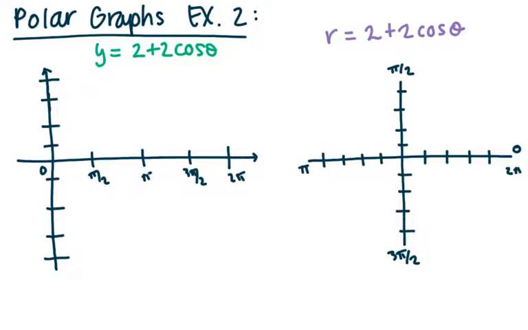Okay, so let's think about our parent function here. A regular cosine would start at 1, go to 0, go to -1, back to 0, back to 1. So this would be if we had no transformations, as best as I can draw it. And then not only is it cosine theta, it's 2 cosine theta.